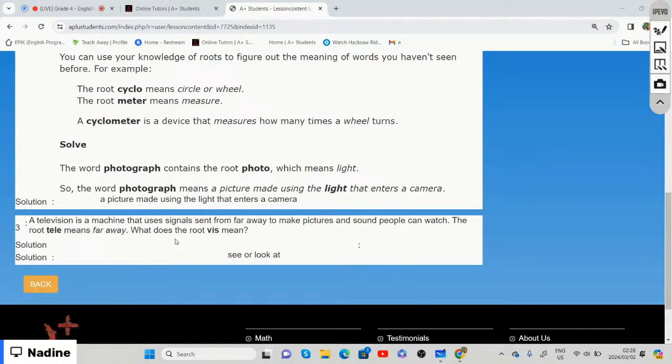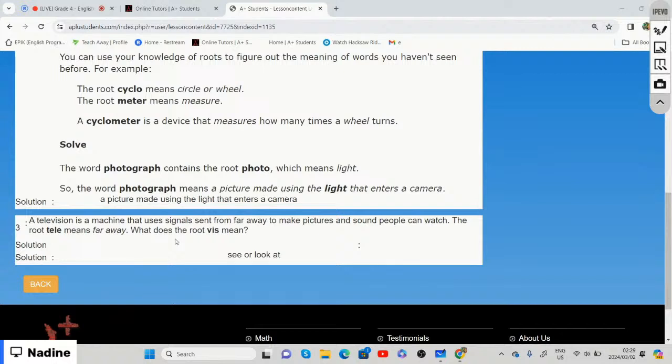And if we look at the word vis, the word vis is basically for you to see or to look at, right?